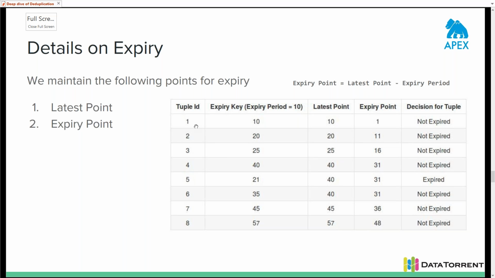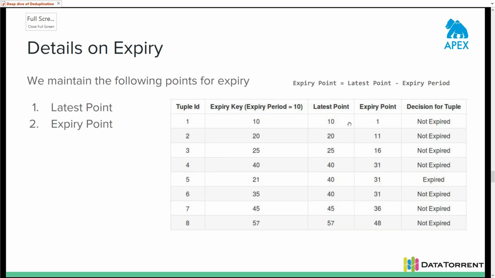When the first tuple comes, your expiry key or the time field, for example, is 10. Your latest point becomes 10 in that case, because the latest time that you have seen till now is 10. And the expiry point is 1 in this case, because you have calculated it based on this particular formula. The significance of the expiry point is that at any point of time you get an input tuple, you compare it to the expiry point.